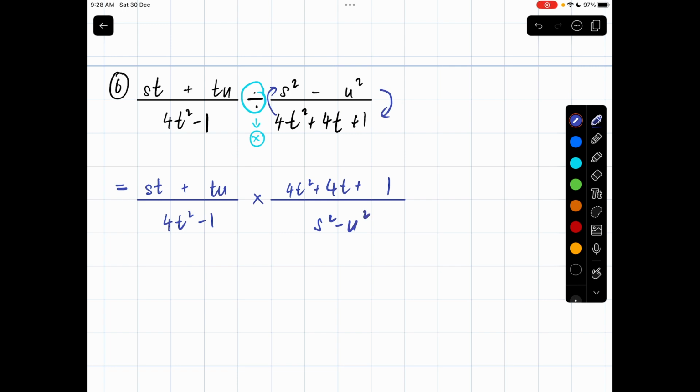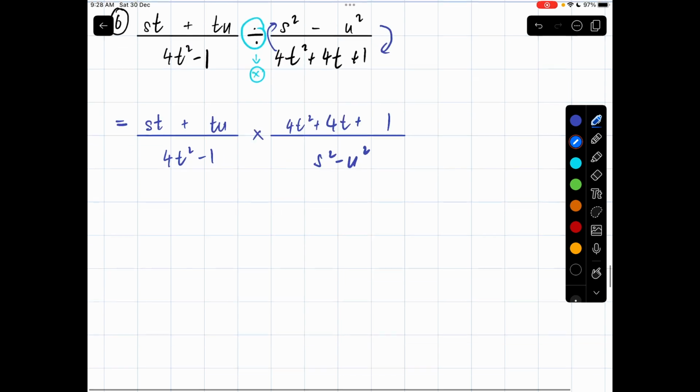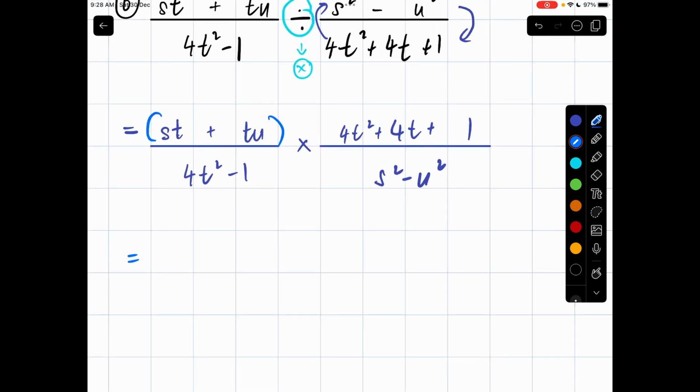So once you have this fundamental breakdown of division into times, now it's just simple. The goal is to simplify it as much as you can so that you have all the liberty to mix and match things here and there. So take a look at it as 4 different puzzles. First thing, st plus tu.